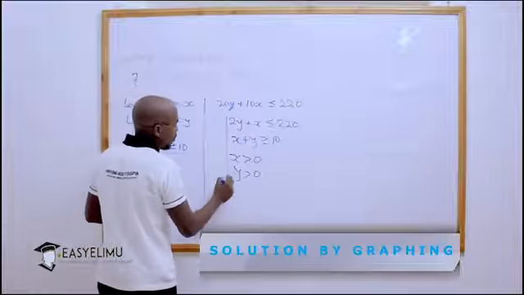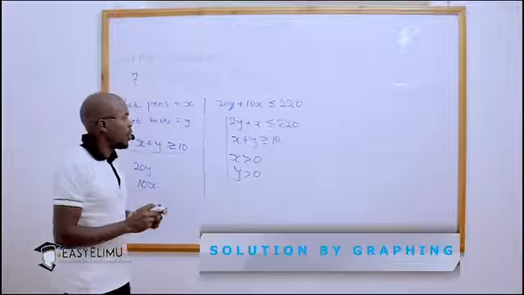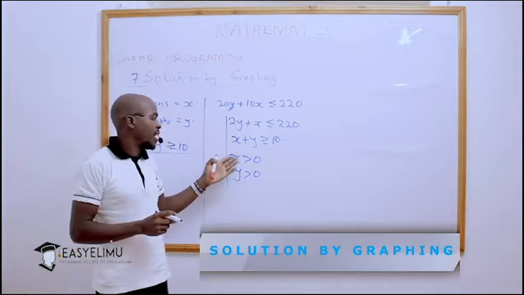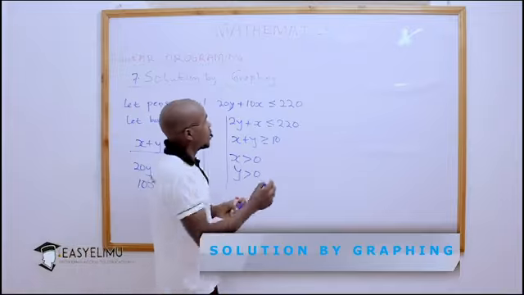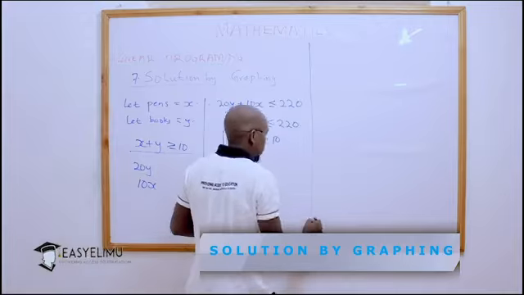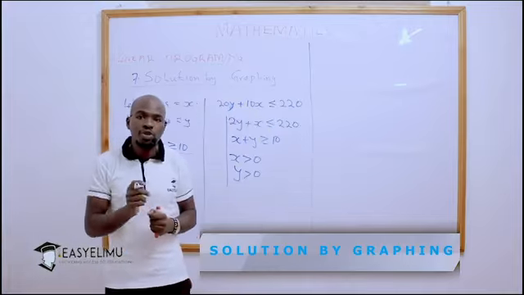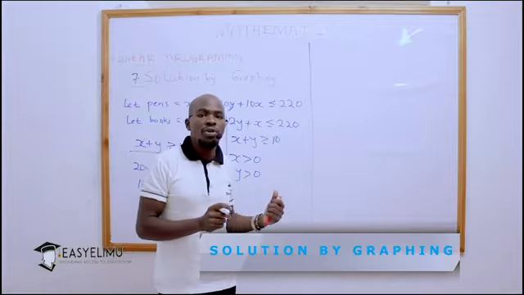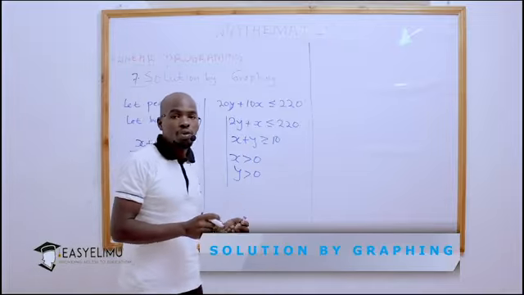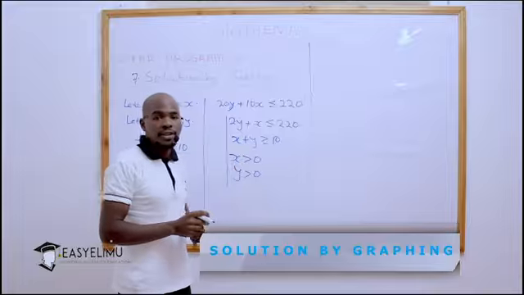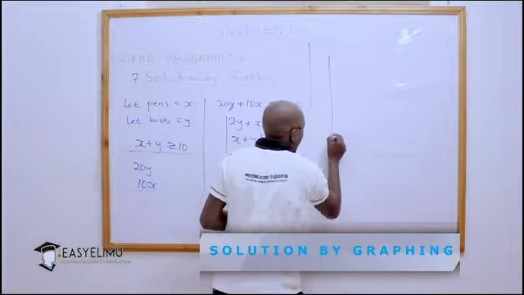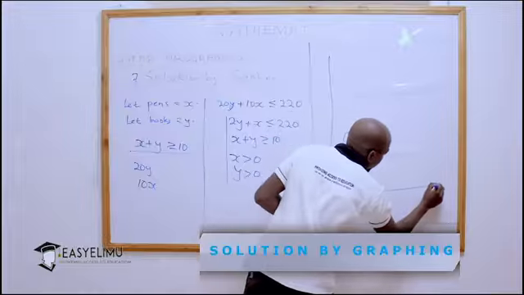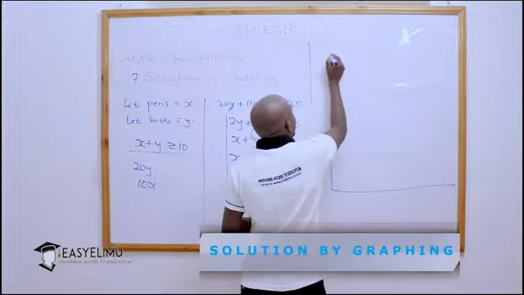So we have 4 kinds of inequalities. We now need to graph them and find the possible solution. After understanding the question and forming the inequalities, you now use the graph to identify which parts have been asked.